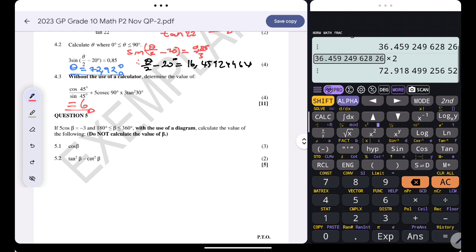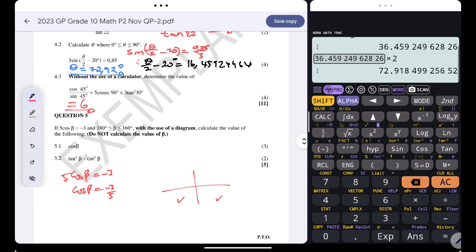I'm given 5 cos beta is negative 3, which simply means that cos beta is negative 3 over 5, right? Okay, cos is equal to a negative number, and I'm told that the angle can be located anywhere between 180 and 360. Are you together?